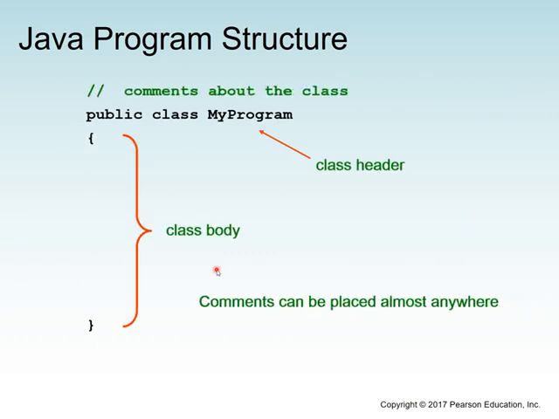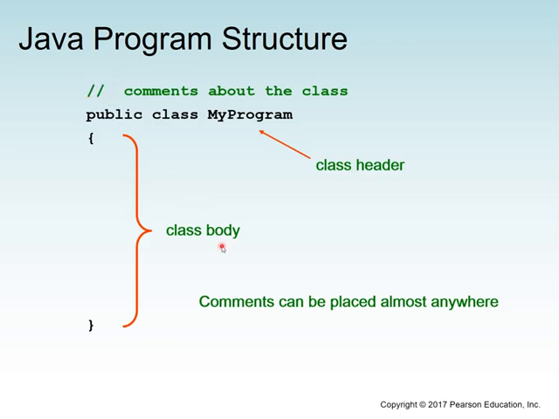So here we have what the structure looks like. Here we have comments about the class above it, public class MyProgram, which is called the class header. The class body is written inside the matching braces here. And as it says here, comments can be placed almost anywhere as long as we use the syntax here, double forward slash here.